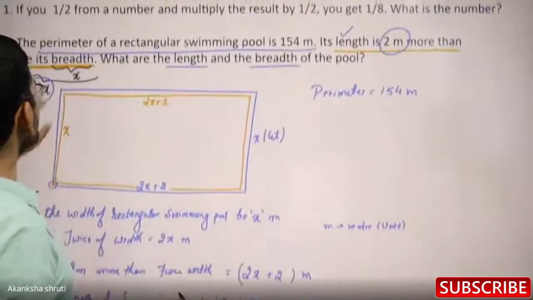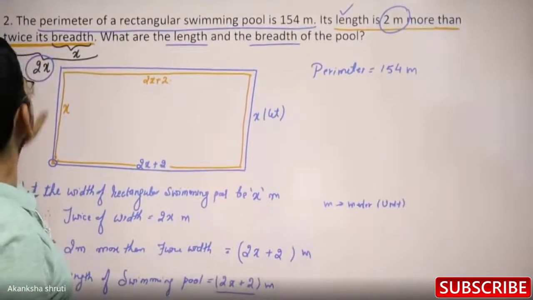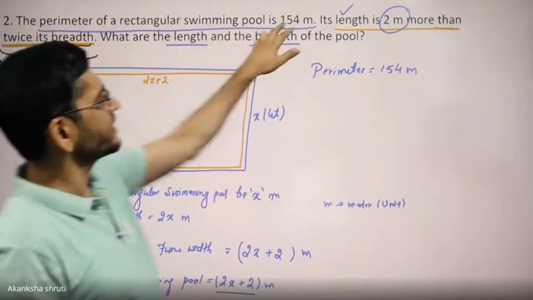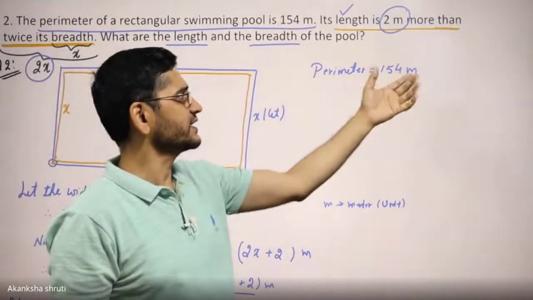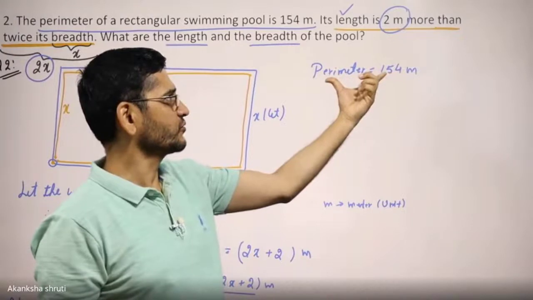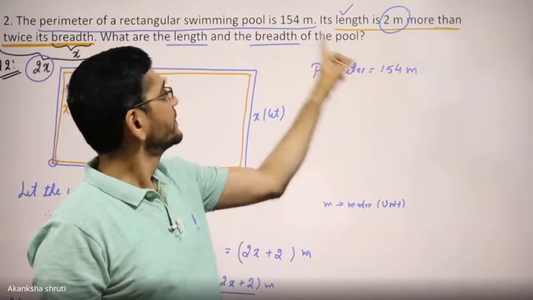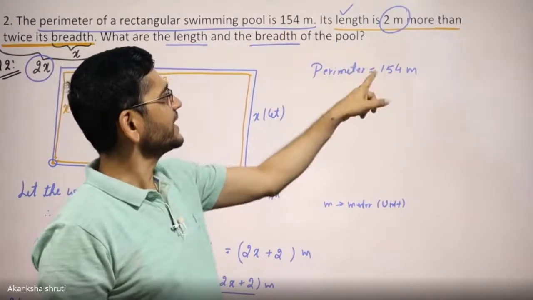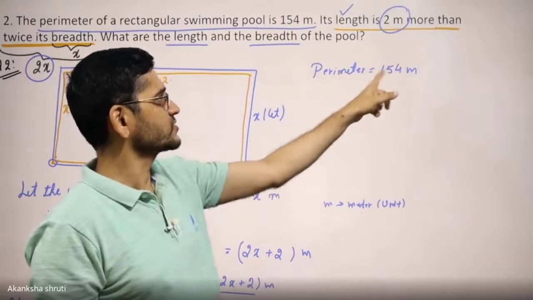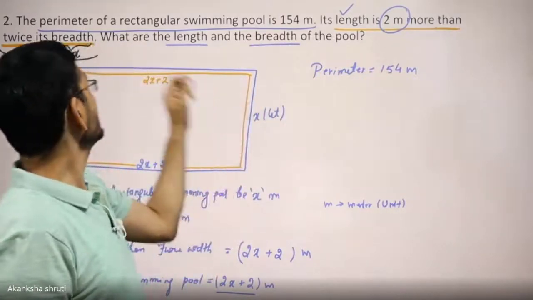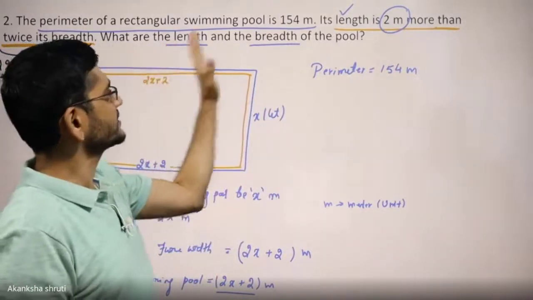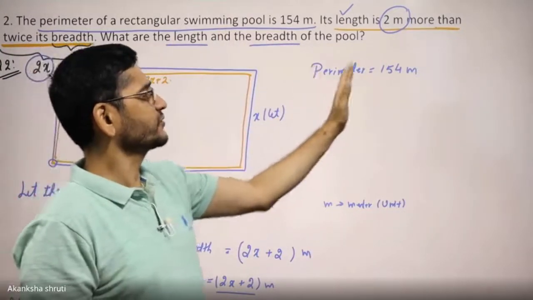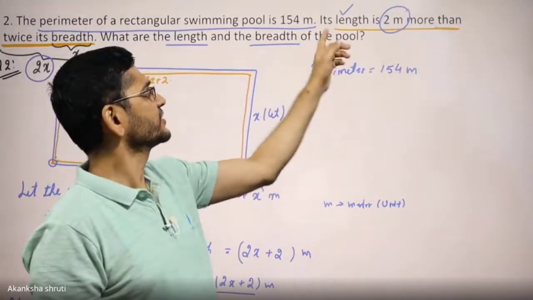In question number 2, the perimeter of a rectangle was given. So when one thing is given, you have to frame the equation based on this statement. Next, the relation between length and width, because perimeter is based on the length and width. In this question you have to calculate the length and width, but for that, other conditions were given.